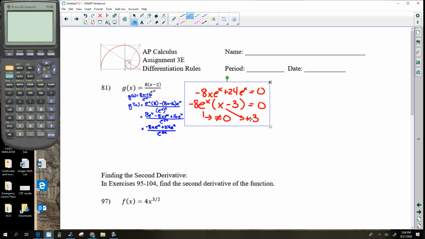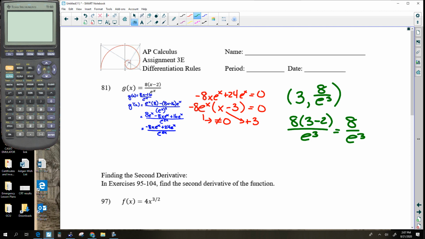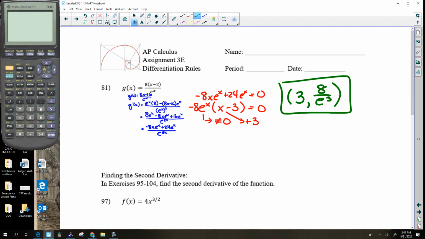That is the x value of our point, so you have to plug that into the original function. If I have an x of 3, my y value is going to be 2 over e to the 3, whatever that is. Whatever that is, it's not my problem. Somewhere there.